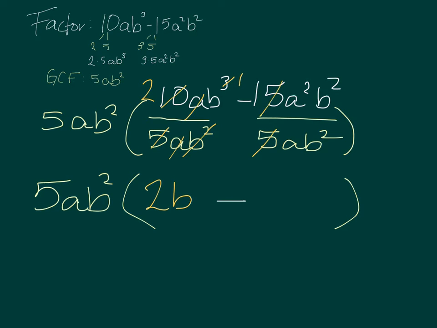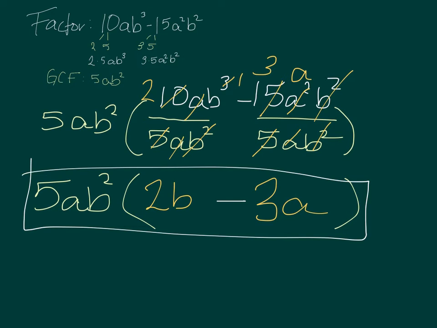This cancels, becomes a 3, that just becomes an a, and those cancel all the way. So I got a 3a. All right, this is my final answer. Now remember, in order to check my work, I can just multiply it back out. So 5 times 2 is 10.